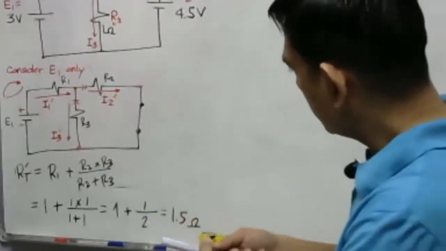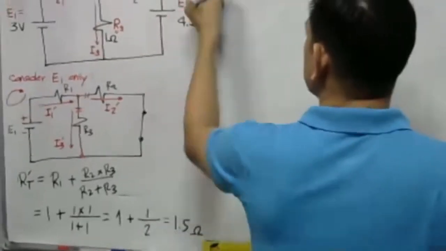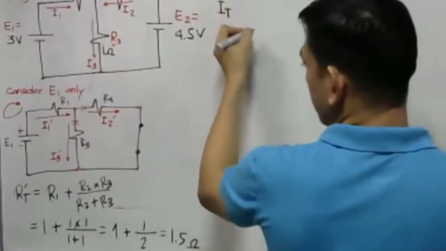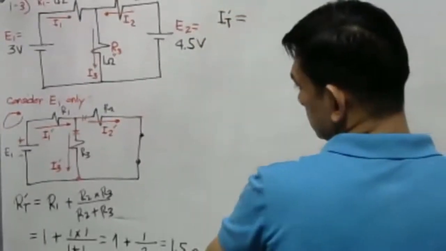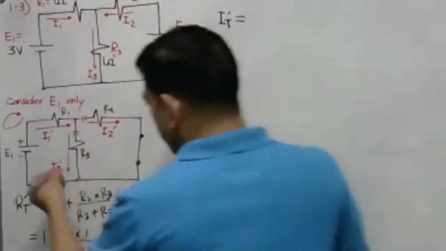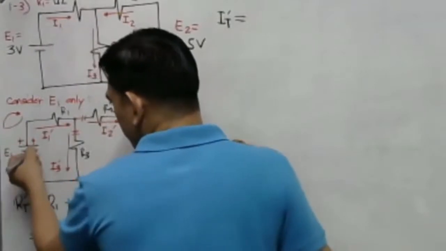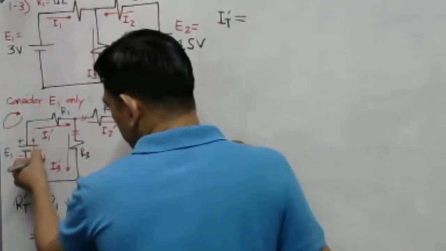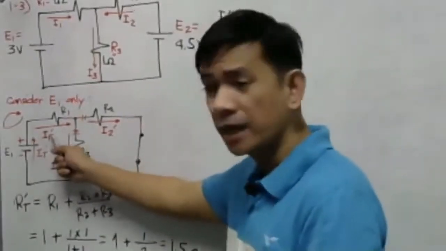And then we can get now our I total. Remember that our I total prime is the current that will be coming from our E sub 1 only. That is our I total prime, which is equal, of course, to our I1 prime.